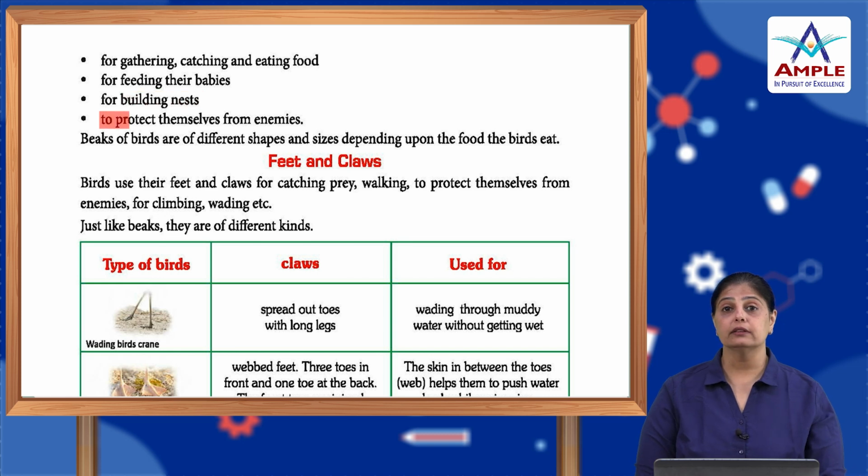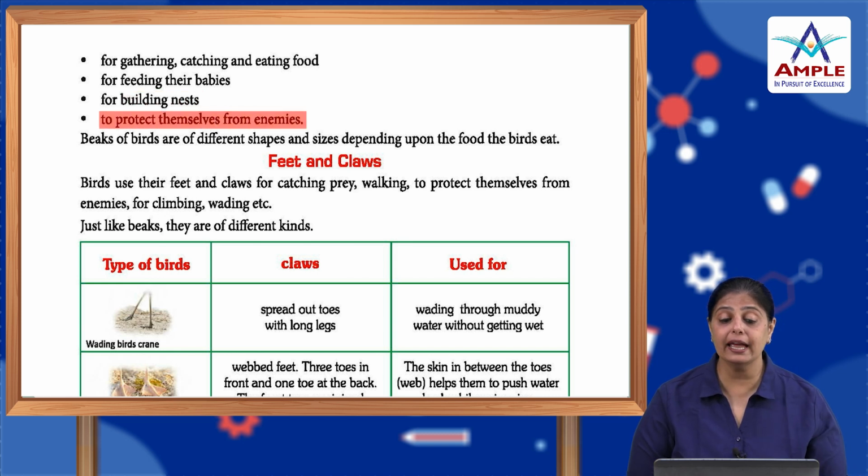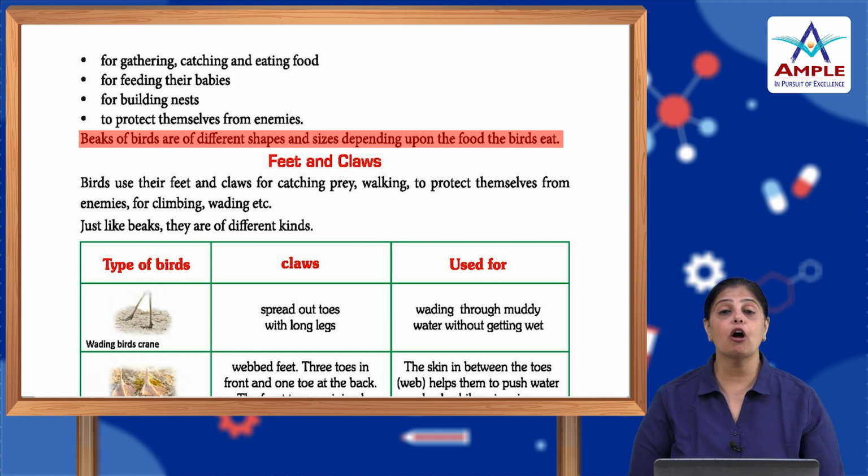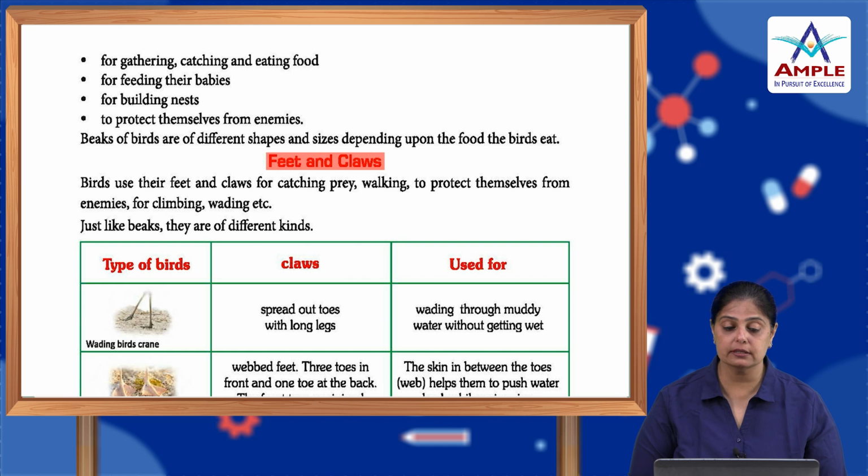Then, to protect themselves from enemies, if there is any enemy, they can peck that enemy with their beaks. Now, beaks of different birds are of different shapes and sizes depending on the food the birds eat.